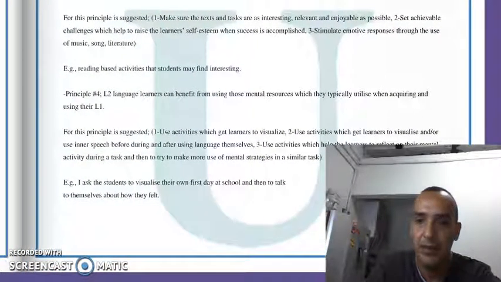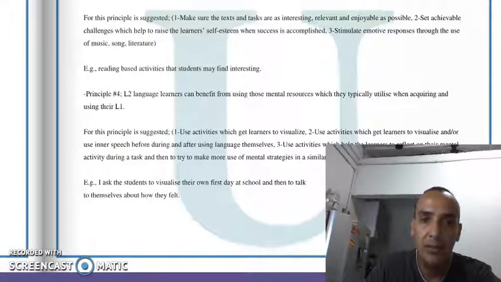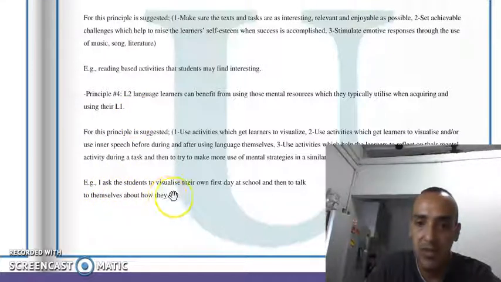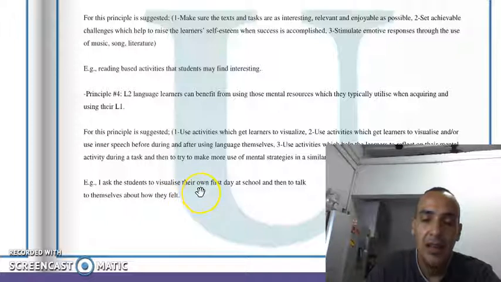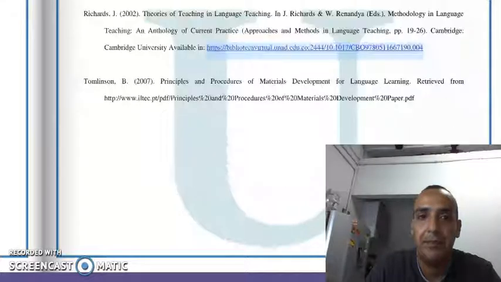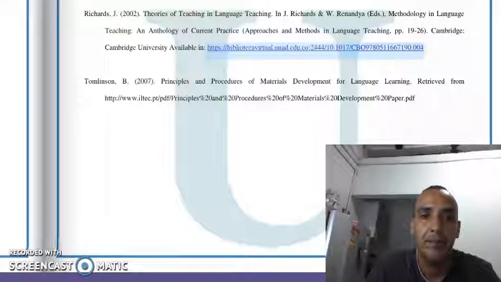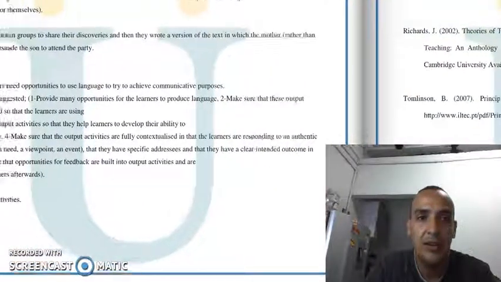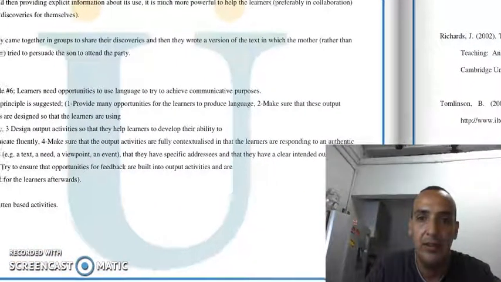For example, how can we perform this principle? When we ask the students to visualize how their day was, that way we ask them to give us some detail. Okay, let's continue with principle number 5.